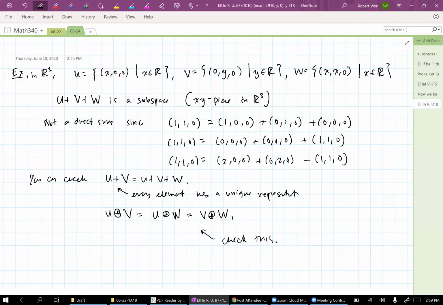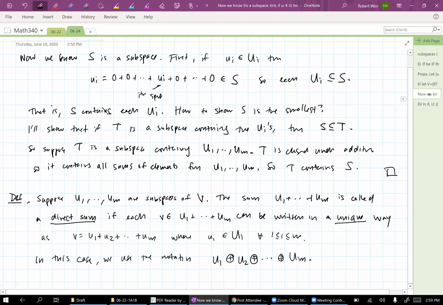So somehow a direct sum is a nice way to write a sum of some subspaces. But the condition for a sum to be a direct sum, in principle, seems to involve checking infinitely many things, because the definition is that every vector in the sum can be written in a unique way.